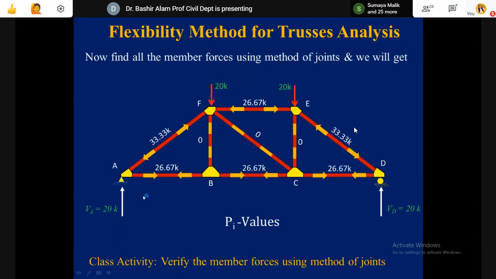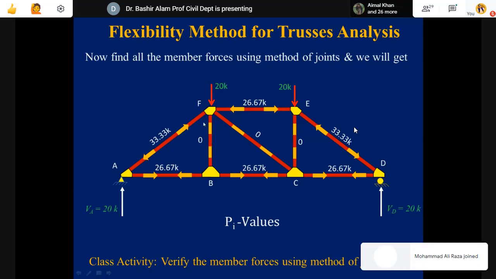Now, 20 is in the 30 feet, which is the vertical distance now. This 20 is vertical and 30. So 20 divided by 30. And we are finding out the force in the diagonal member whose length is, not 25, this should be 50 rather.